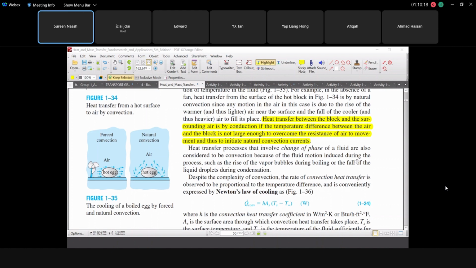Between the solid and the still air. If the air is not moving, yes, there is conduction. Thank you, doctor.